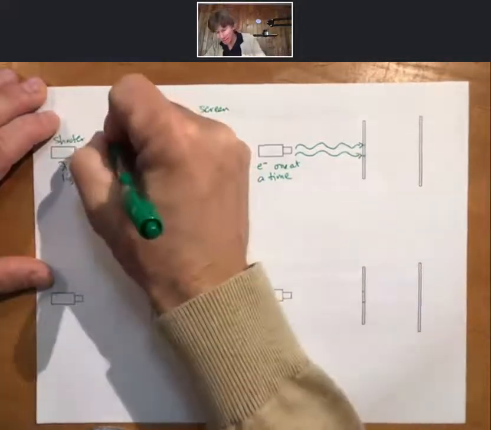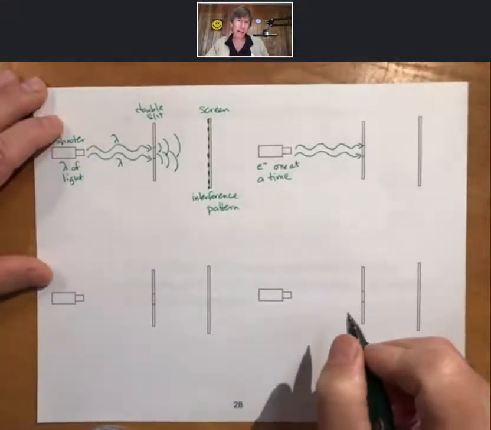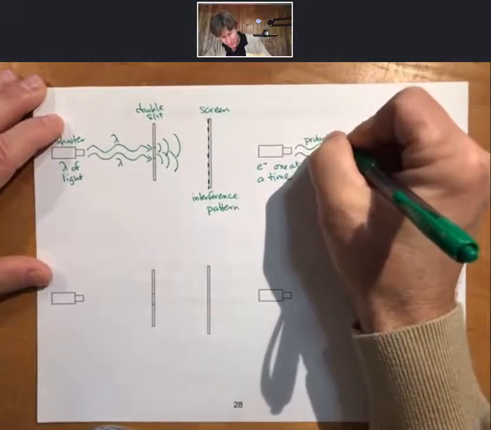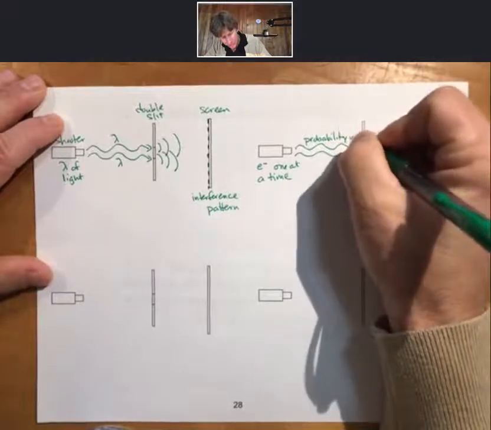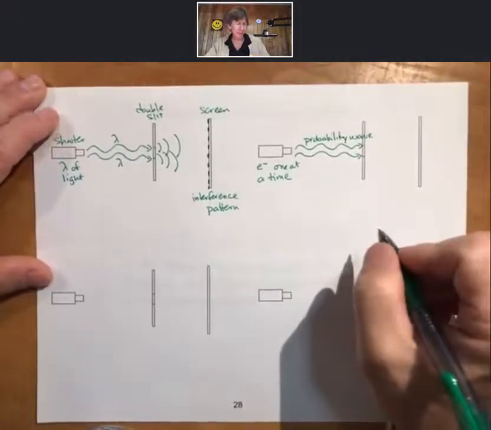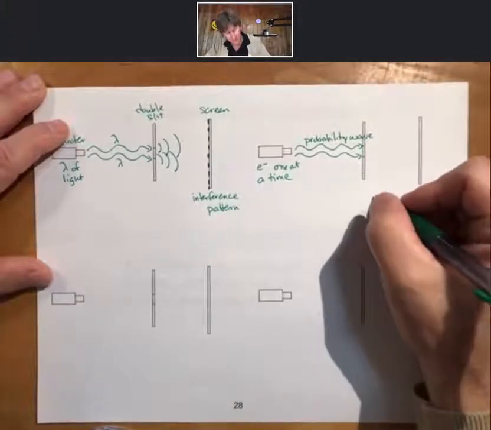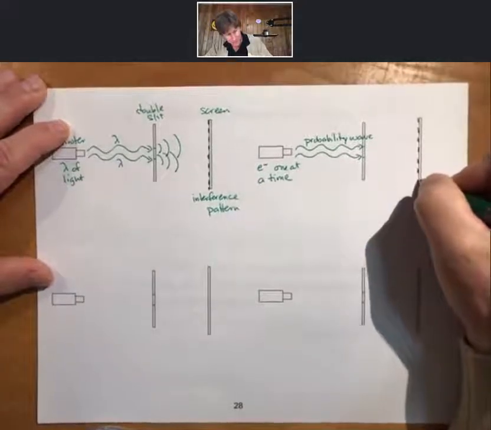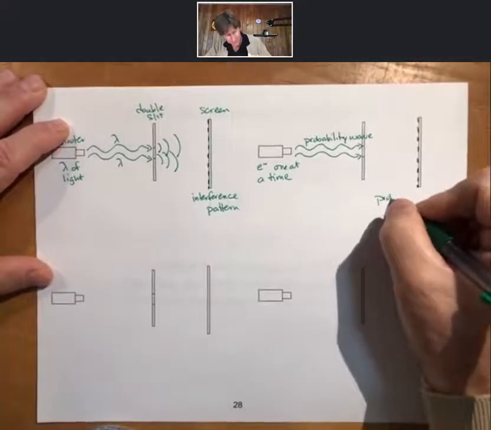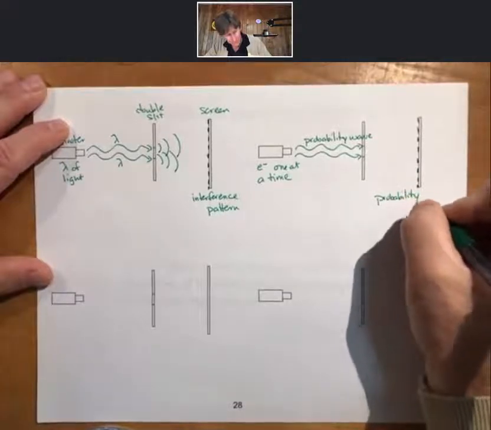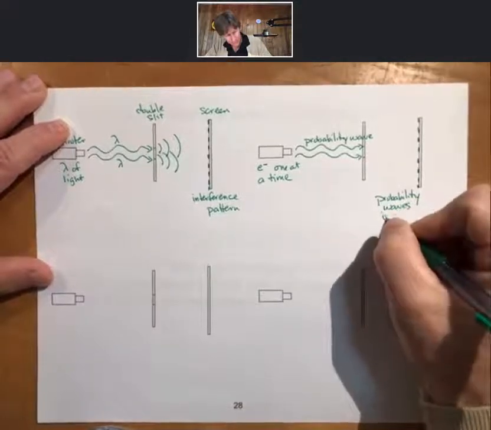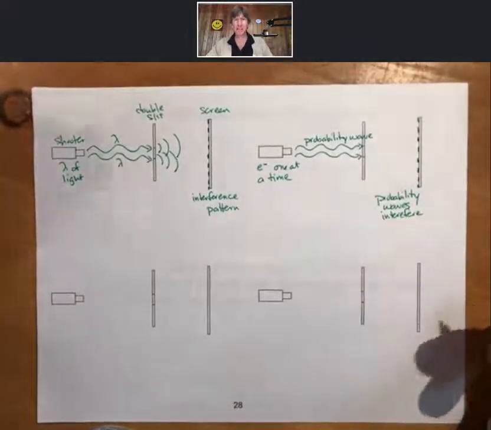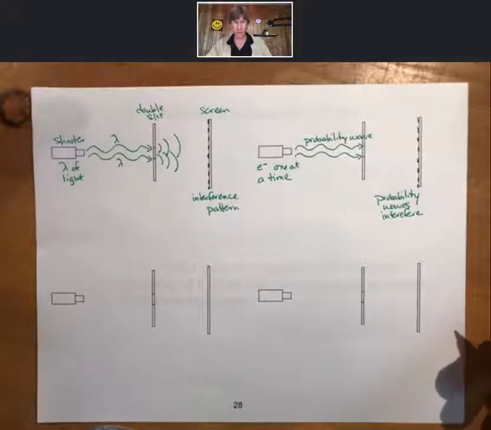So whereas over here the wavelength was an actual wave of light, here it's a probability wave. And that's the same thing, and those probability waves interfere and create an interference pattern. Why? Because the wave-like properties of electrons are important.